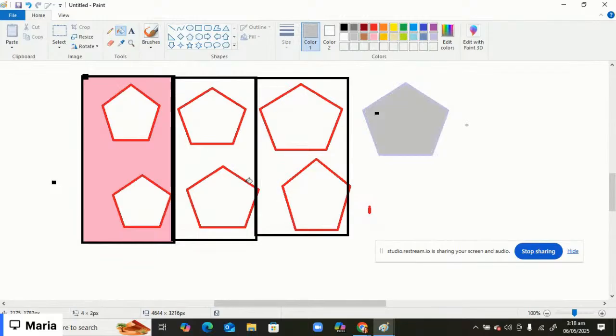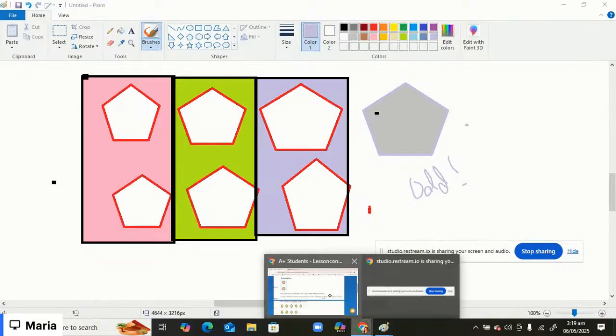These all are in the form of pairs. Look, 1, 2, 3, and only one shape is left here, so we can say that this is odd because one single shape is left.